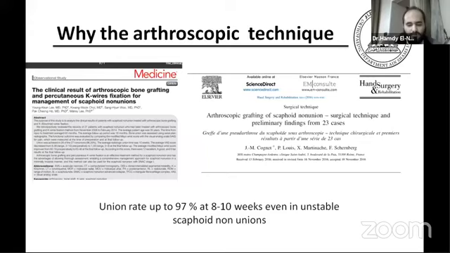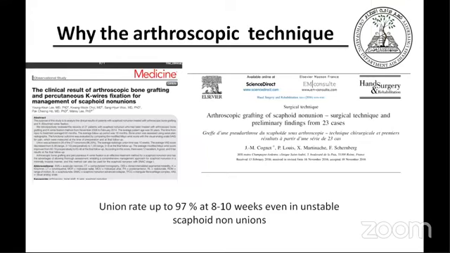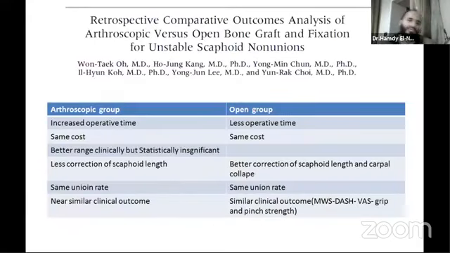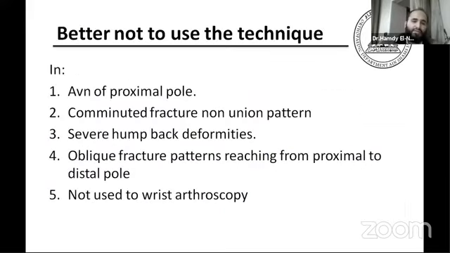Hamdi, can you tell us in which cases we should not do the arthroscopic assisted technique? Yes, it's better not to use this technique if we have a heavy proximal pole comminuted fracture non-union pattern. It would result in a very large, huge defect, which is not wise to fill with a cancellous graft.